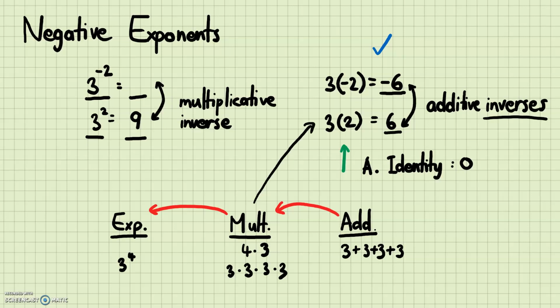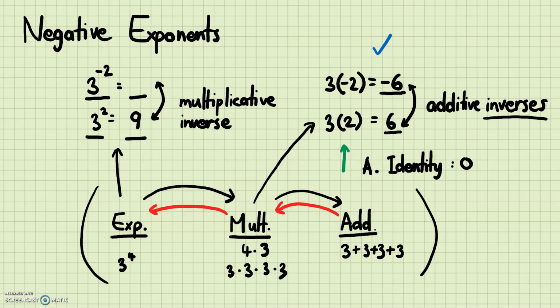You got the inverse of the step that's right below. So for the exponential expression here, you need to get the inverse of multiplication, the inverse of the step that's one below. Okay, so if this part confuses you, then don't worry too much about it for now. Just know that when you are dealing with negative exponents, you have to get the multiplicative inverse.